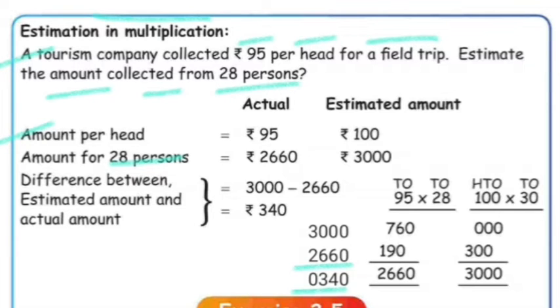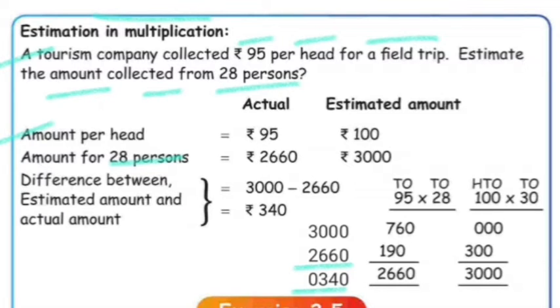If you mark the number line, you will do it easily, and you can also do this mentally by yourself. I know you people are very smart. You will understand easily. So now what do we have to do? We have to multiply 95 by 28, because 28 persons are giving 95 rupees.